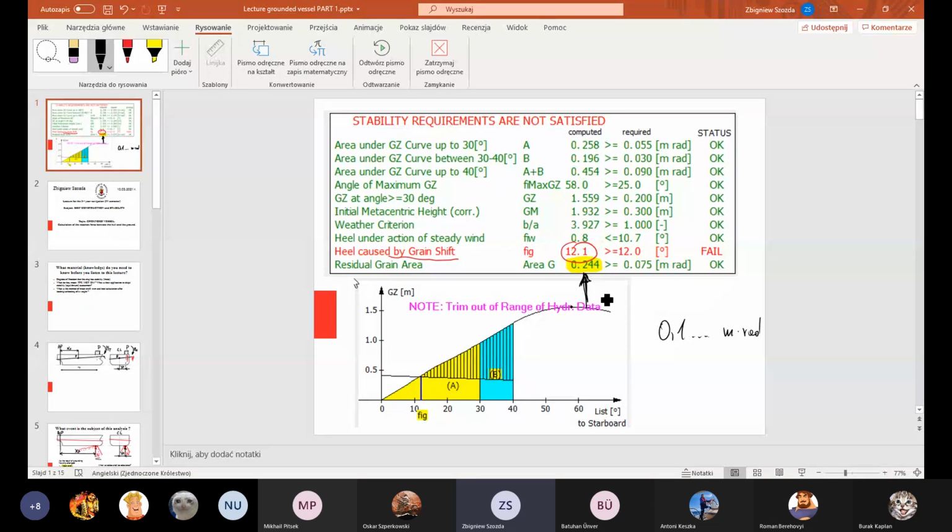The student who told me his grain area between the righting lever curve and the heeling lever curve was 0.2 and something was correct. Can you remember who said 0.2? Please remind me.